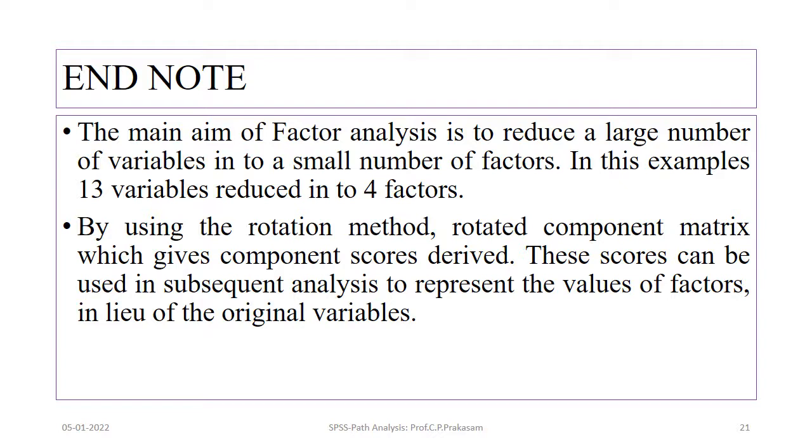By using the rotation method, the rotated component matrix gives the component scores. These scores can be used for subsequent analysis to represent the values of factors in lieu of the original variables. Therefore, they can be used as a variable for further multiple regression analysis or any other analysis.